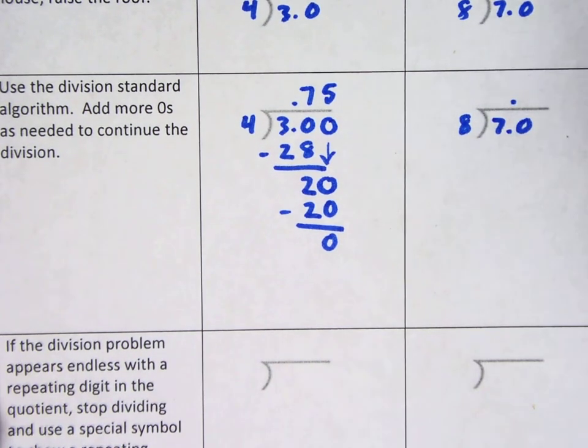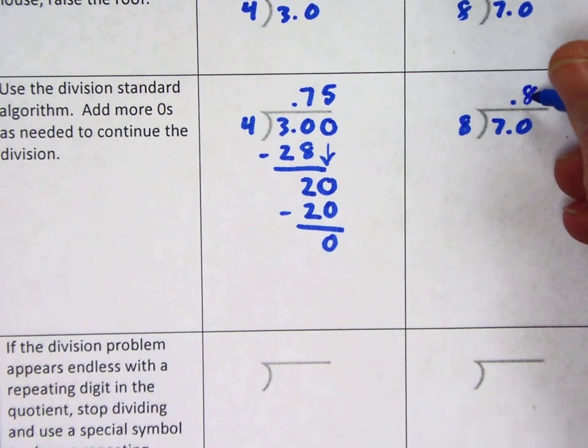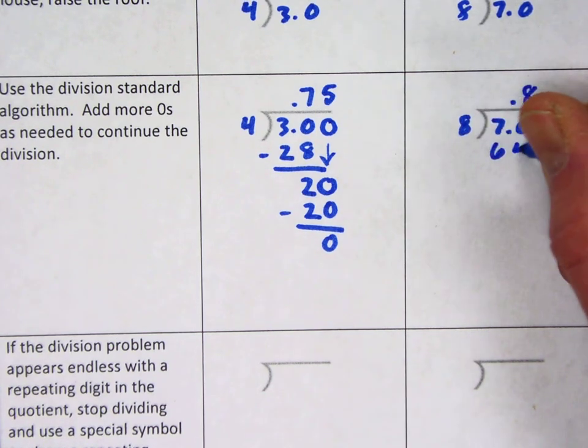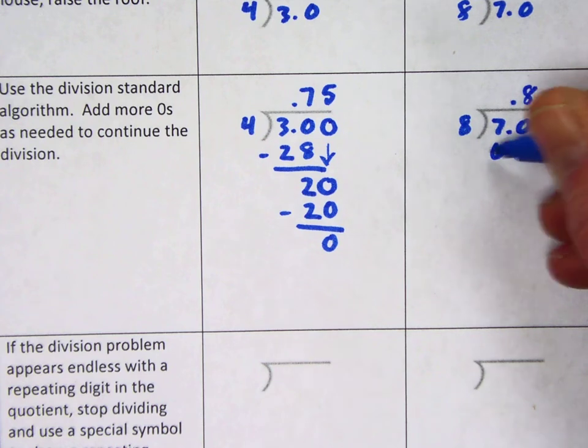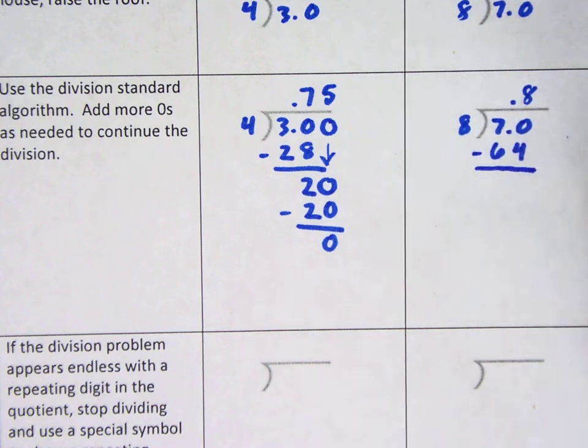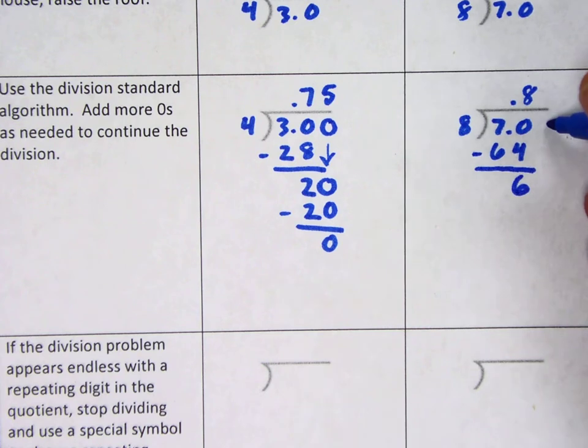So over here, same idea. 8 from 70, well, I could take it 8 times, because 8 times 8 is 64. Sometimes students think it's 9 times, but 8 times 9 would be 72, and I can't subtract 72 from 70 in this algorithm. So 70 minus 64, I get a 6 in this place, but now I need to add another 0.